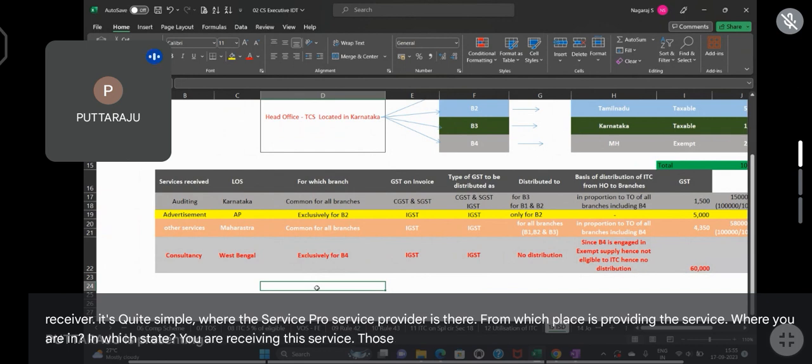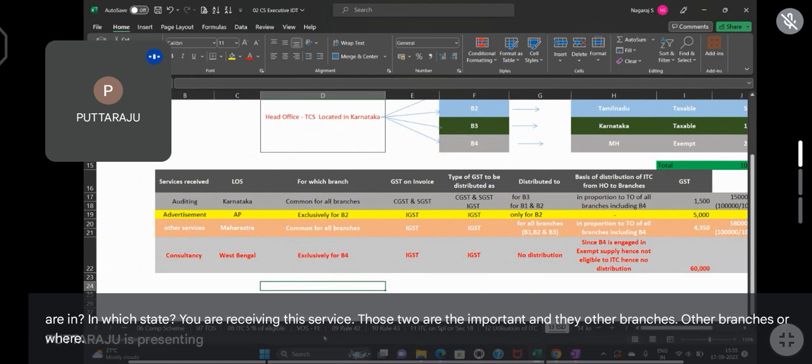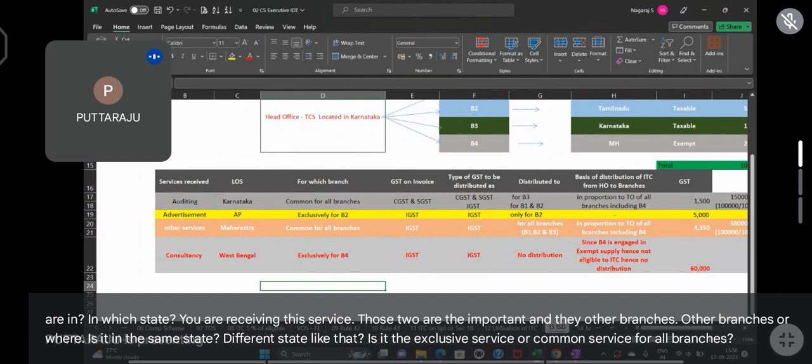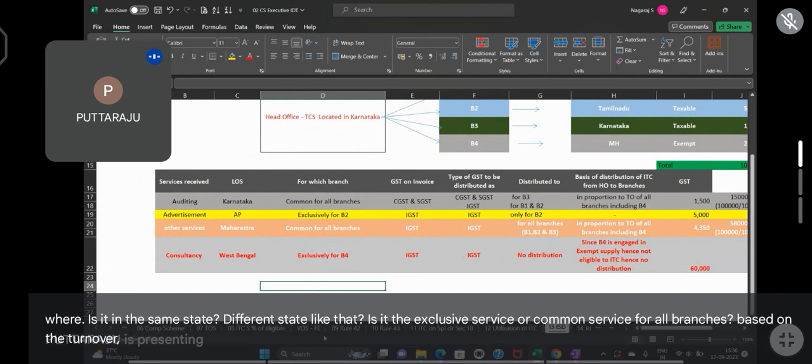Those two are the important ones, and the other branches. Where are the other branches? Is it in the same state, a different state? Is it an exclusive service or a common service for all branches? Based on the turnover, you need to distribute the GST amount.